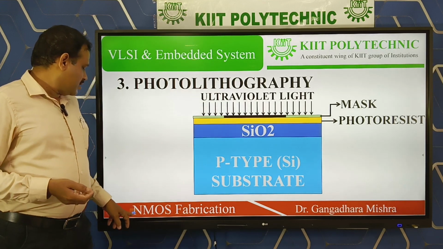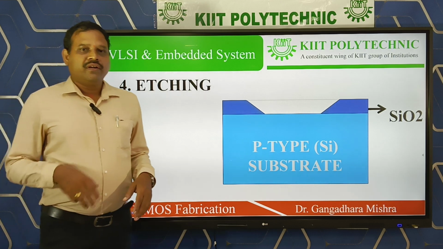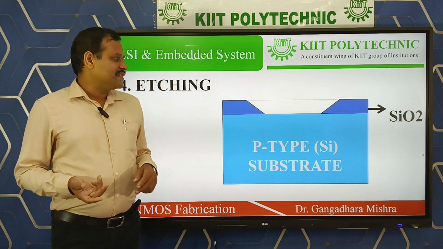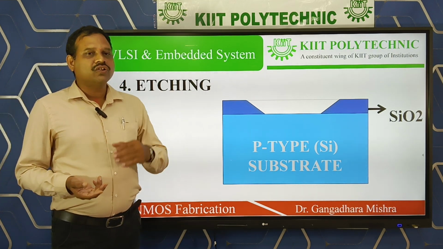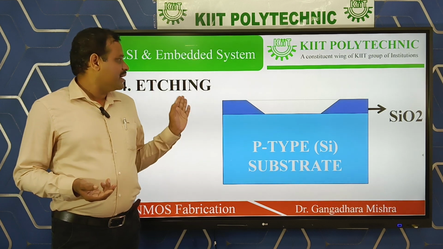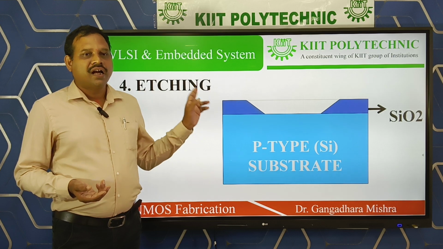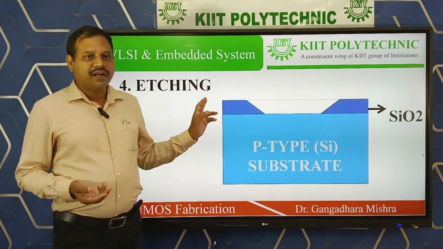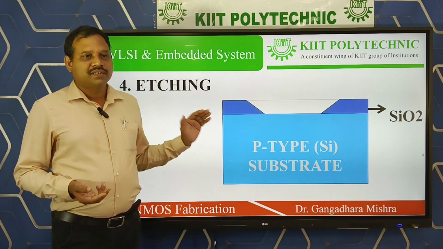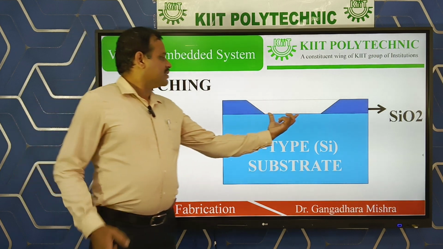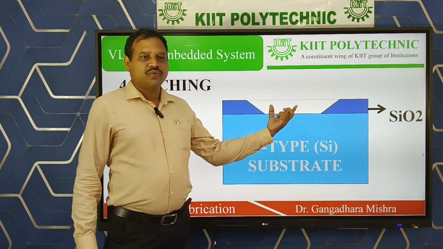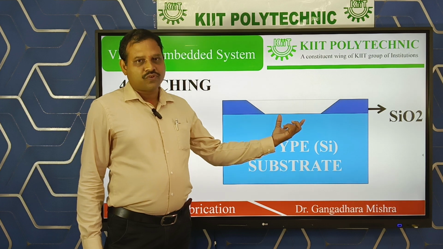On application of HF acid or sulfuric acid, we can clear those areas, and by the etching process we can remove the silicon dioxide created earlier on top of the substrate, so that my transistor fabrication area is open for further processing.